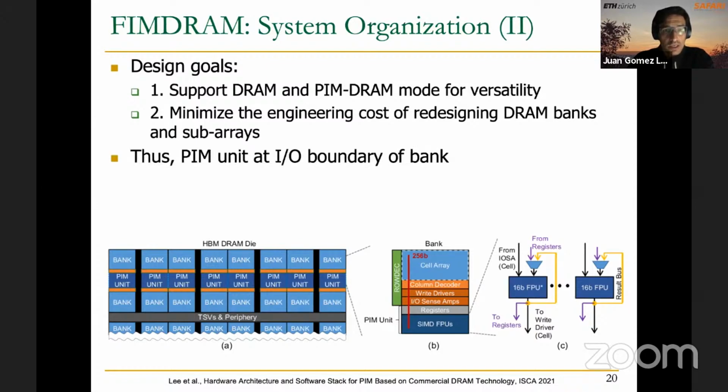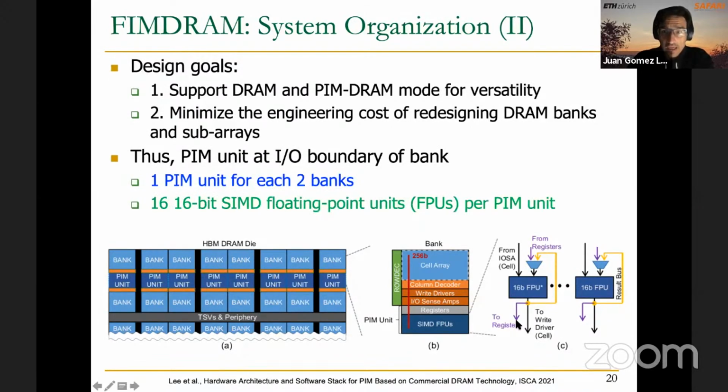So that's, as I said, the PIM unit at the IO boundary of a bank, one PIM unit for each two banks, and then we can go closer and take a look at the execution units, and we see that these are SIMD floating point units. In total, this is a SIMD unit with 16 lanes, and each of them is a 16-bit floating point unit.